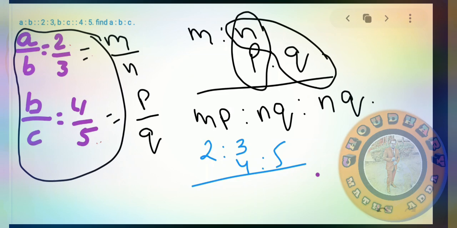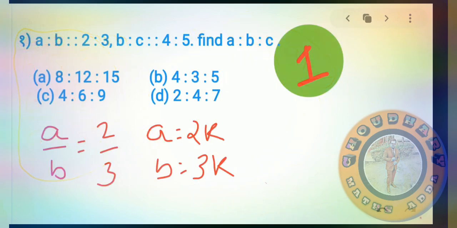So if we multiply this 2 into 4, 8. We multiply this 2 into 3, 12. And if we multiply 3 into 5, then it will be 15. So whatever we do, the same answer, that is 8 is to 12 is to 15 is the correct answer.